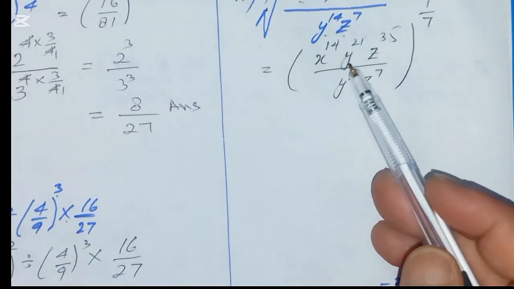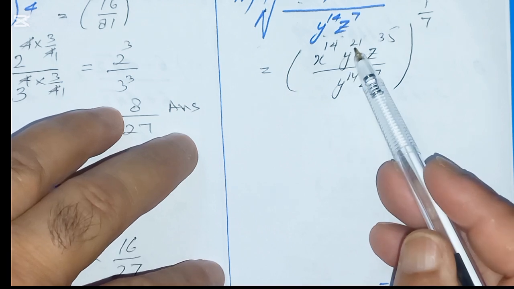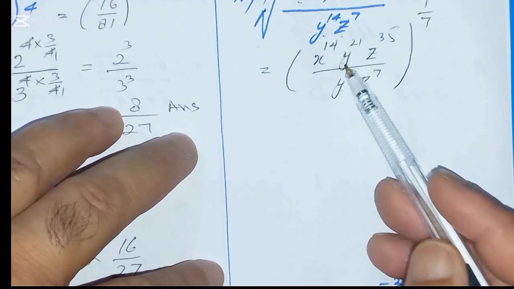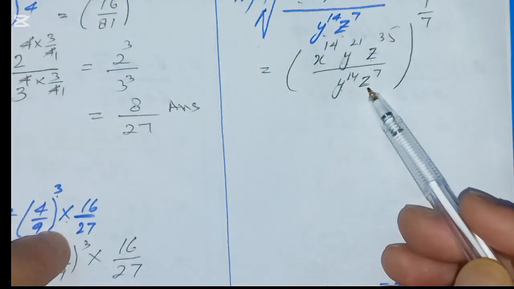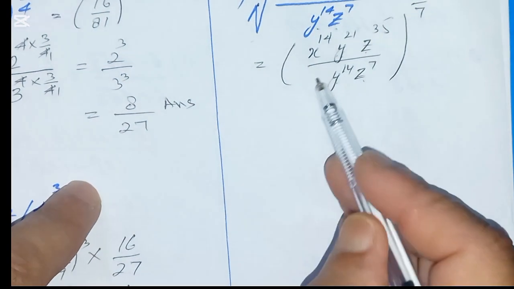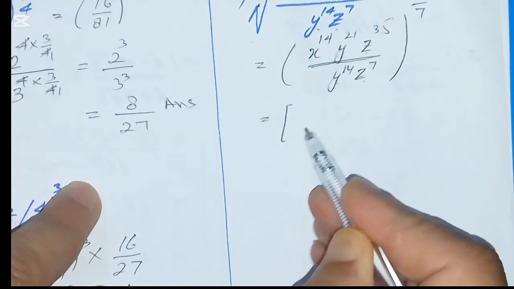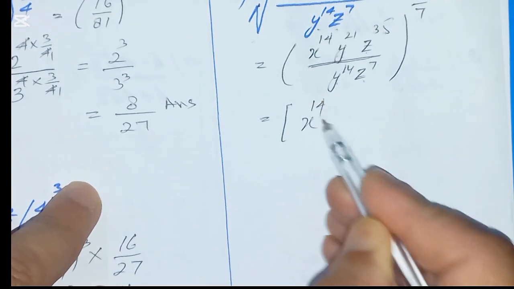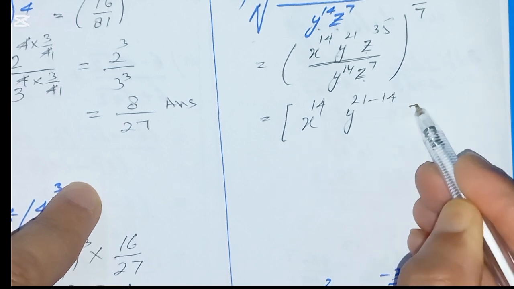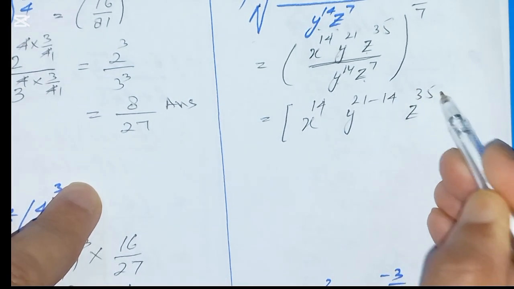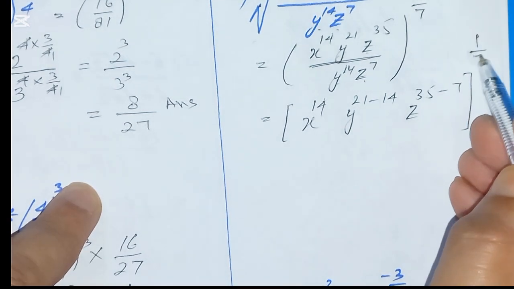Now we can see that y power 21 and y power 14 have the same base y. z power 35 and z power 7 also have the same base, and they are divided by each other, so their exponents should be subtracted. x power 14, y power 21 minus 14 and z power 35 minus 7, whole power 1 by 7.